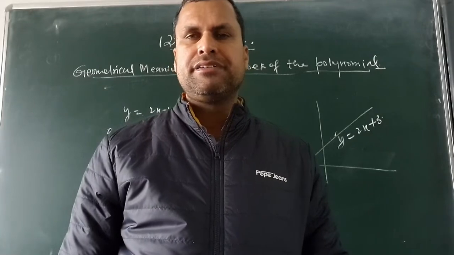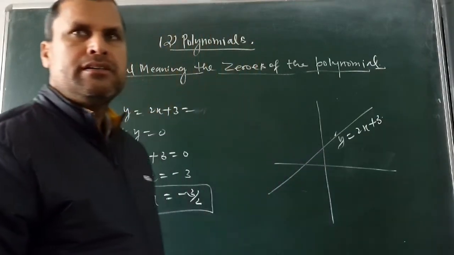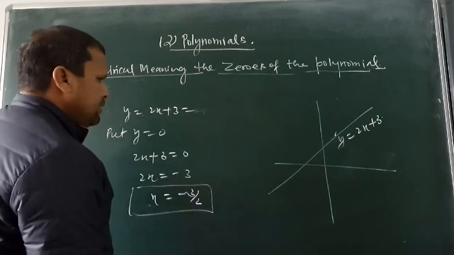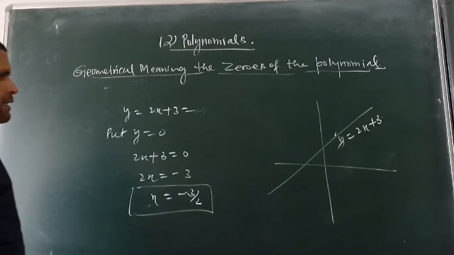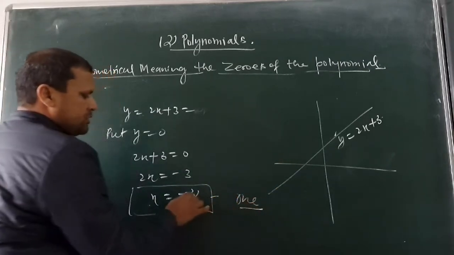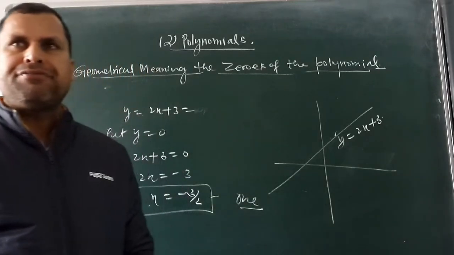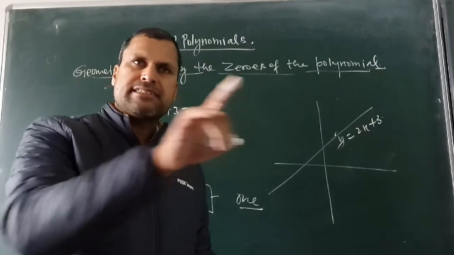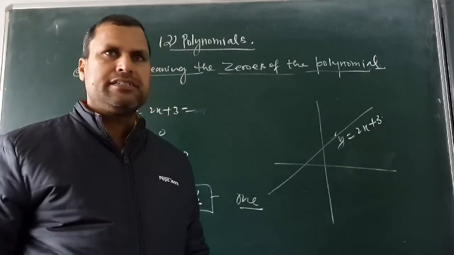Getting my point? So, how many zeros does this linear equation have? 1. So, the graph of this equation intersects the x-axis only at one point.